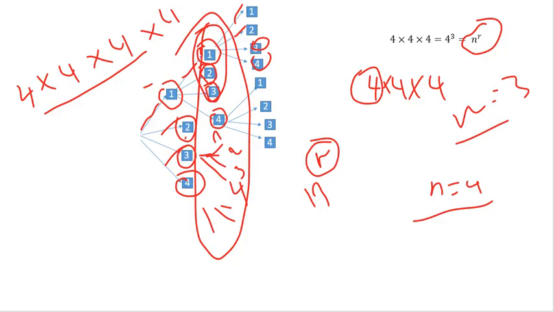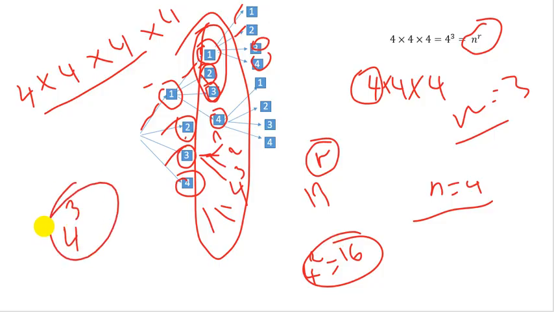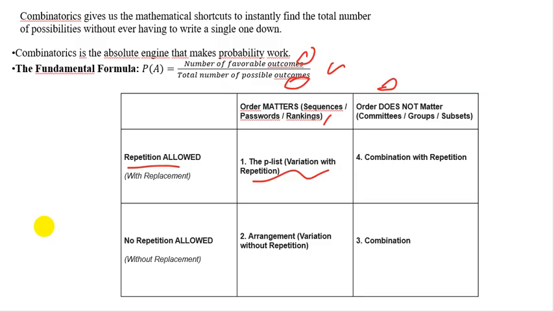So here, if I need only 2 numbers, it will be 4 power 2, we get 16. But if I need to use 3 numbers, it will be 4 power 3. Now the rule is here.